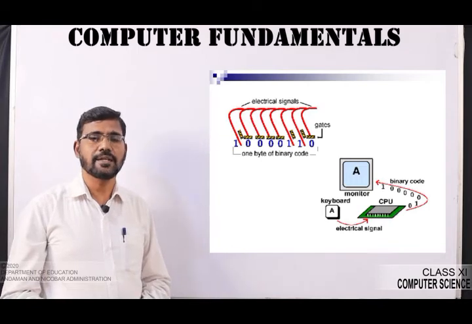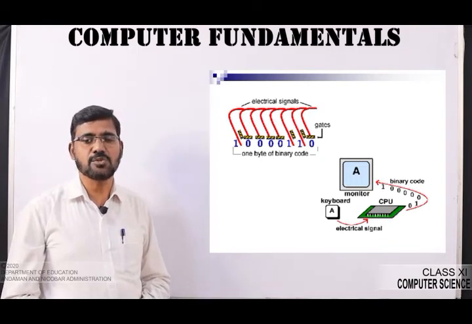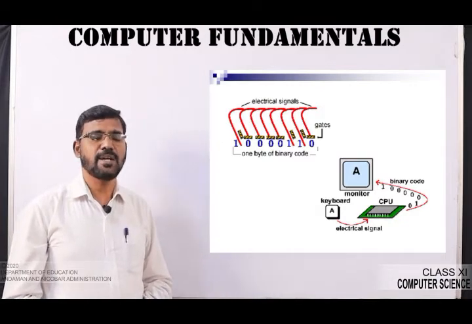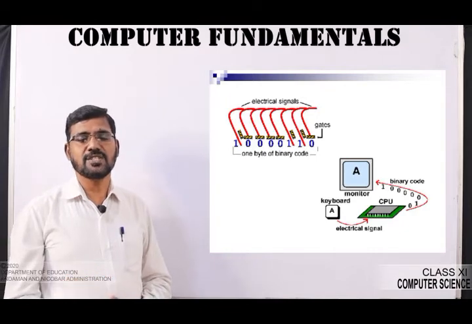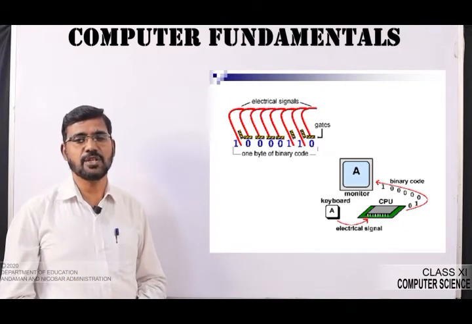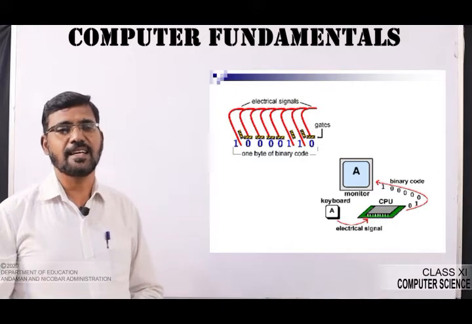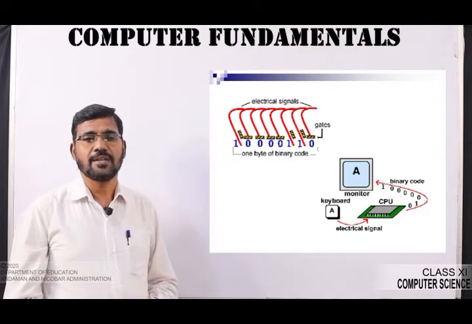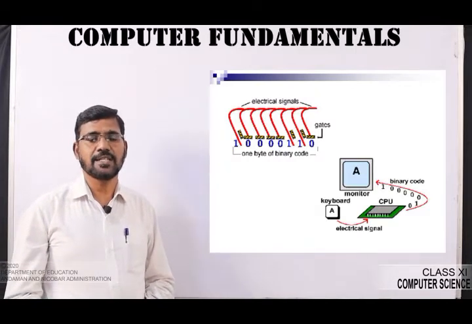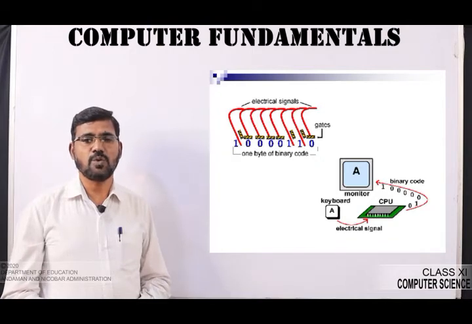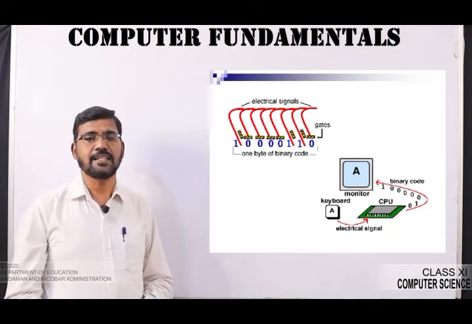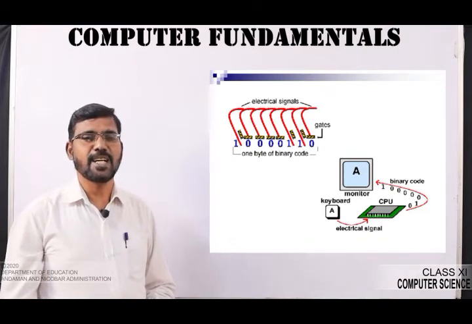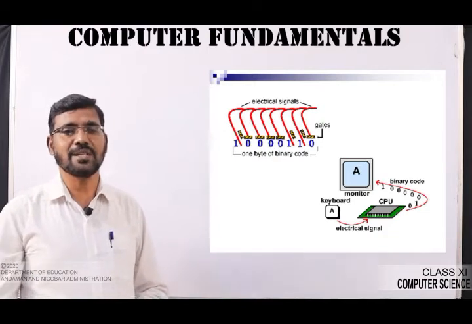This is 8 bits, that is 1 byte, in binary format. So, how is the signal functioning? You see the electrical signal: where there is 1, the signal is on, and where there is 0, the signal is off. Through the gates, the gate is open for 1, and where there is 0 the gate is closed. So, binary functions in on and off mode through the electrical signal.